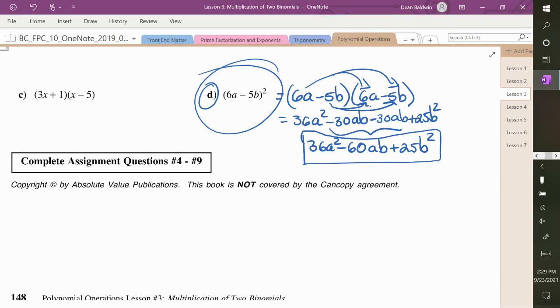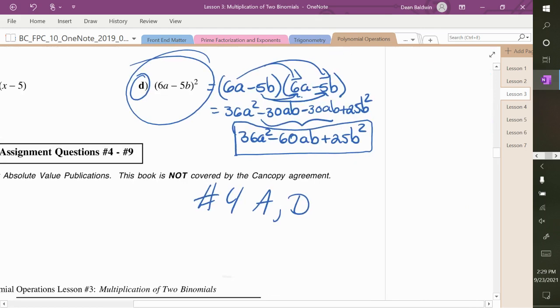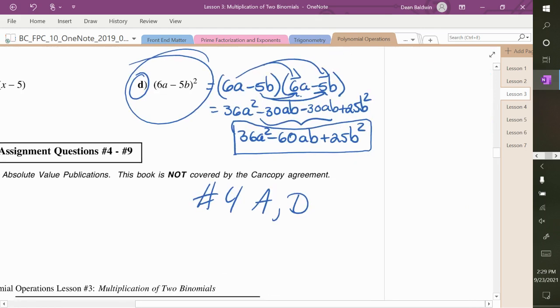Okay. Here's what I would like you to do. Number 4. Which ones should we do for number 4? Let's do A, let's do D, let's do G and I. Okay.